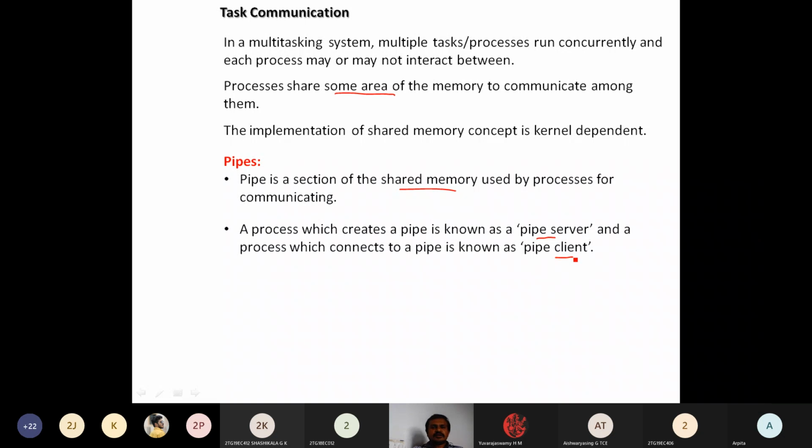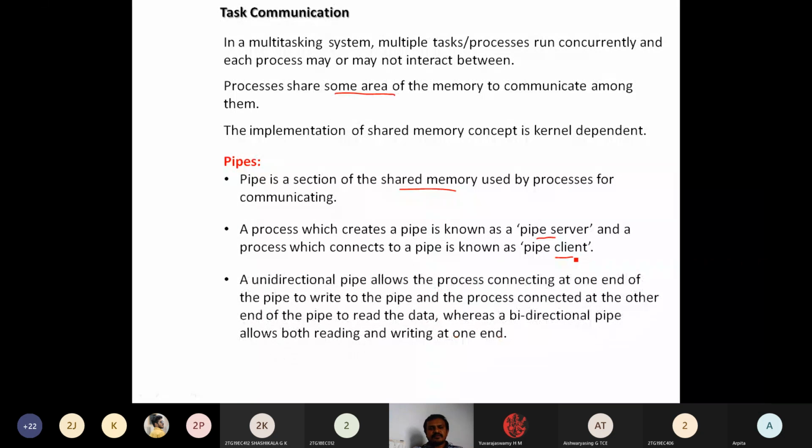If two processes are communicating, the one that created the pipe and generated the request signal is the pipe server, and the other is the pipe client. A unidirectional pipe allows the process at one end to write to the pipe, and the process at the other end to read the data.